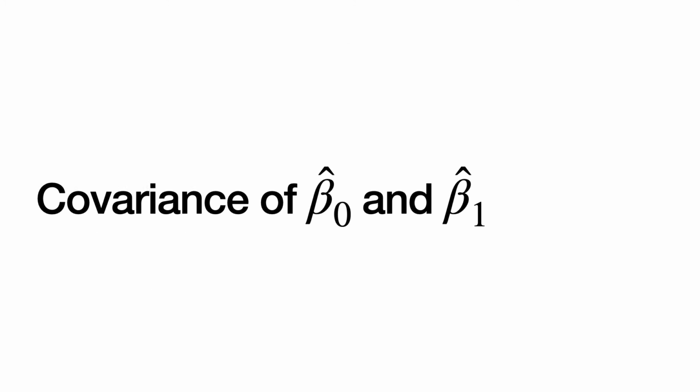Next, we're going to look at two characteristics of the joint sampling distribution of beta 0 hat and beta 1 hat. And these two characteristics are related. The first characteristic is the covariance of beta 0 hat and beta 1 hat.